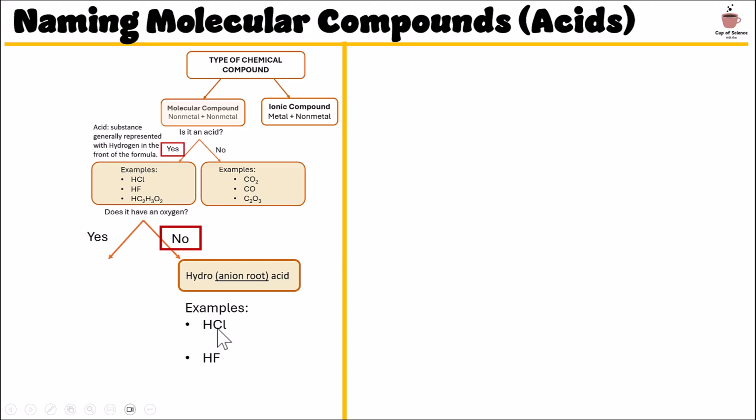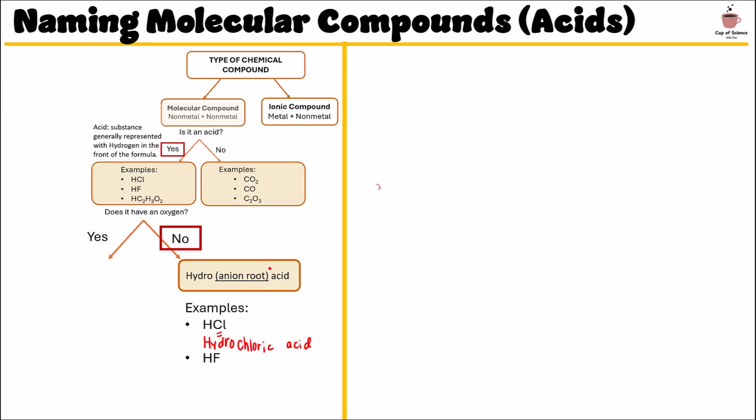There's no oxygen present, so we follow this rule where we have hydro in the front. Then the anion root, so this is my anion, the negative charge guy, and that would be chloride, not chloride, chloric, and acid.